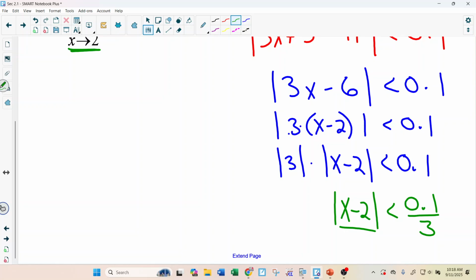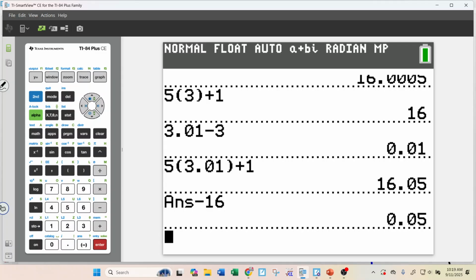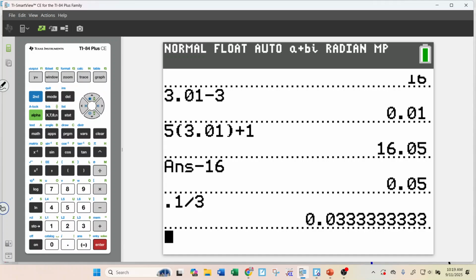That tells you where we're going. So what have we done? All right. What we have found down here is our delta. I'm just trying to get you to understand what we're talking about here. So let's look at this. Our delta is 0.1 divided by 3, which is 0.033333.